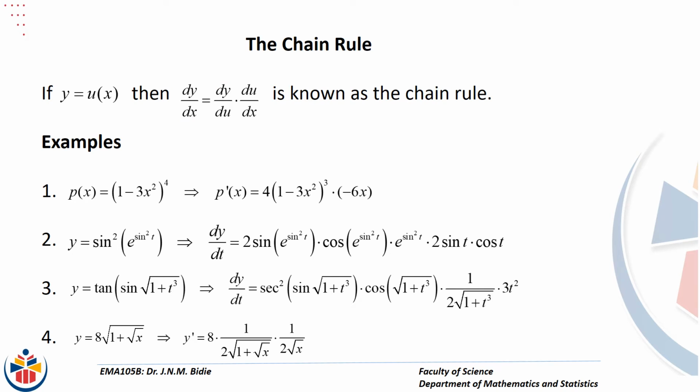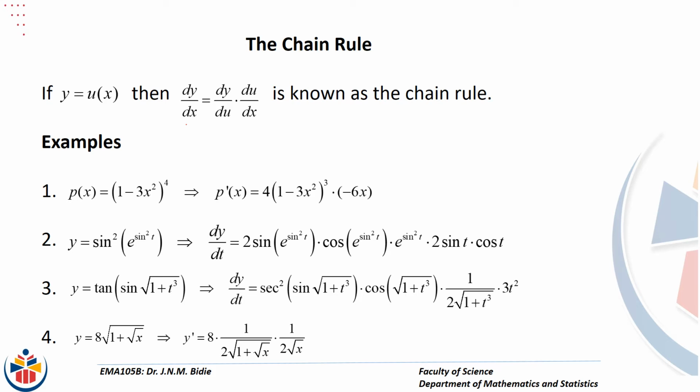We've been talking about the chain rule throughout. Now we have to use it. Note that if y is a function of u, but u is a function of x, then it means we have to use the chain rule, because when you're finding the derivative of y, it will be the derivative of y with respect to u, because y is a function of u, but u is a function of x.